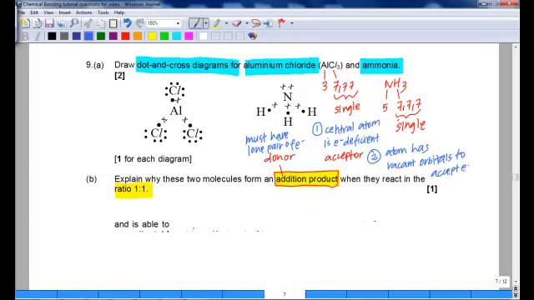So based on these two criteria, we can decide out of these two molecules which one is the acceptor, which one is the donor. So in this case, very simple, we see that NH3 has one lone pair of electrons, so that means NH3 must be the donor. Whereas for aluminium, you notice it has 2, 4, 6 electrons.